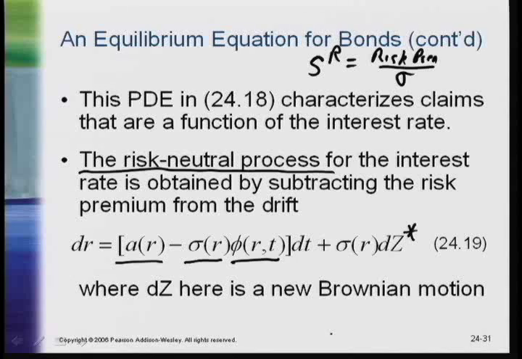We are not allowed to simply change the drift. We started with a process for R, and what we do is we change the drift by moving a canceling term into dZ, and then what we want is that new dZ to again be Brownian motion. Well, it has a drift in it, and the only way I can get rid of that drift is I have to change the normal distribution that determines the Brownian motion. We saw this before in the case of stock. It's the same idea.